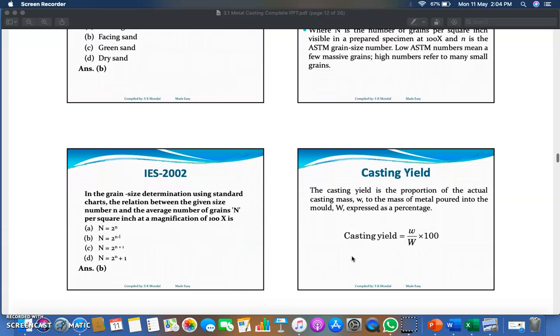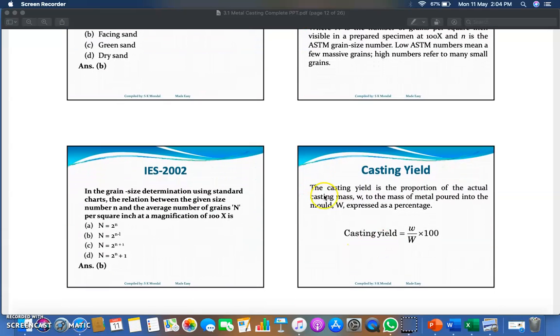What is the casting yield? Sometimes it is asked in your paper. Casting yield is the proportion of the actual casting mass w to the mass of metal poured into the mold, W. Whatever molten material you have poured is capital W, and the actual casting mass is small w.